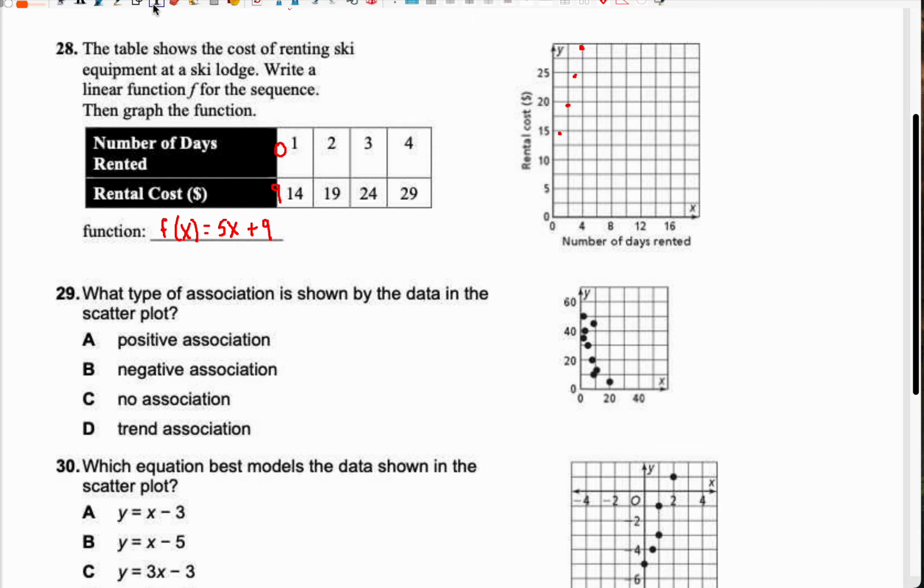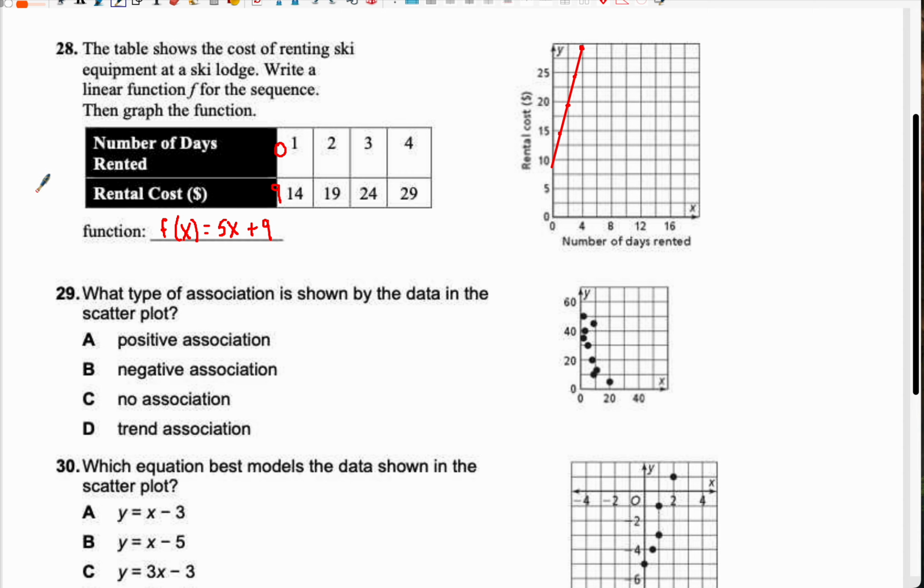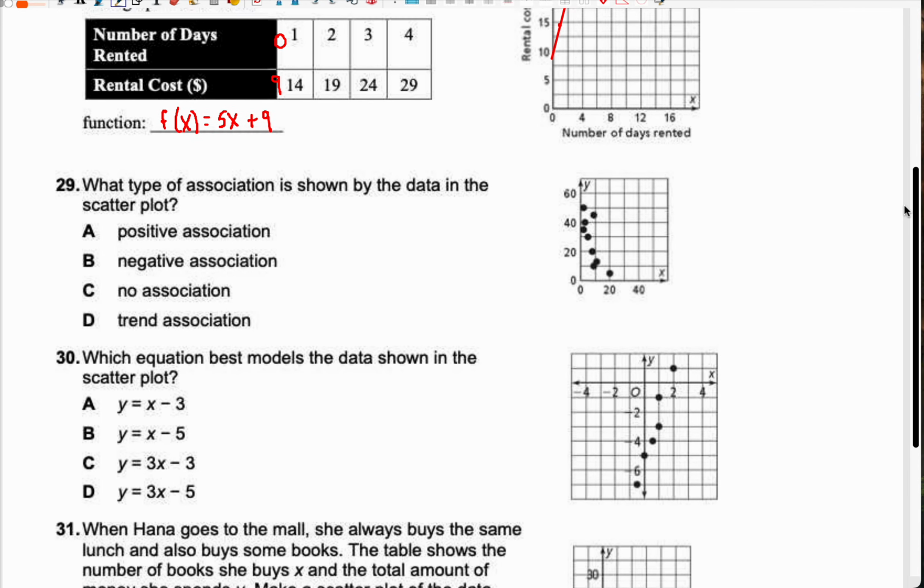And then we graph that with our handy dandy straight line tool. Something like that. Okay. That's it. I don't know what else to say about that one. Graph it, draw the line.